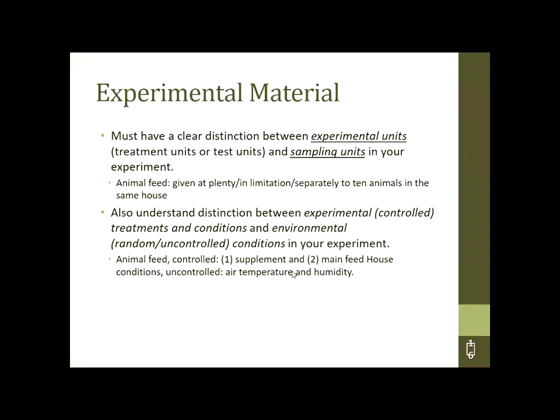Because we've measured each individual twice, we've still only got 5 replicates, but within each of those replicates, we've got 2 measurements of the same thing. Now we have to think about, in our design, make sure you understand what the treatments are, the experimental units are, and what the sampling units are.